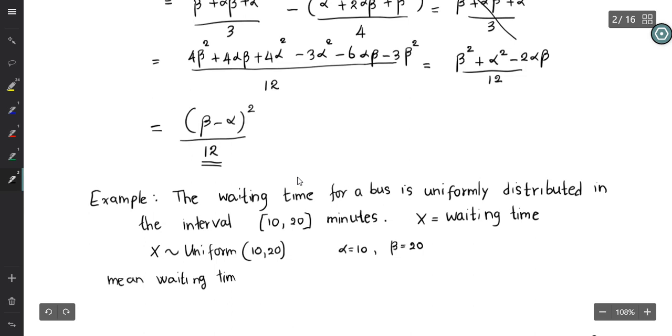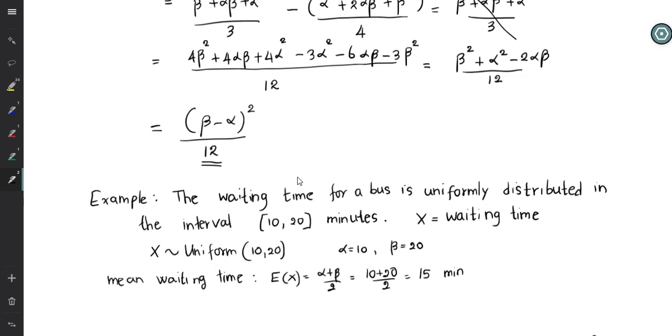We already know the equation, the mean waiting time, that is the expected value of x, that is alpha plus beta divided by 2. In our case, it will be 10 plus 20 divided by 2, which is 30 over 2, 15 minutes. That is exactly the midpoint of the interval 10 and 20.